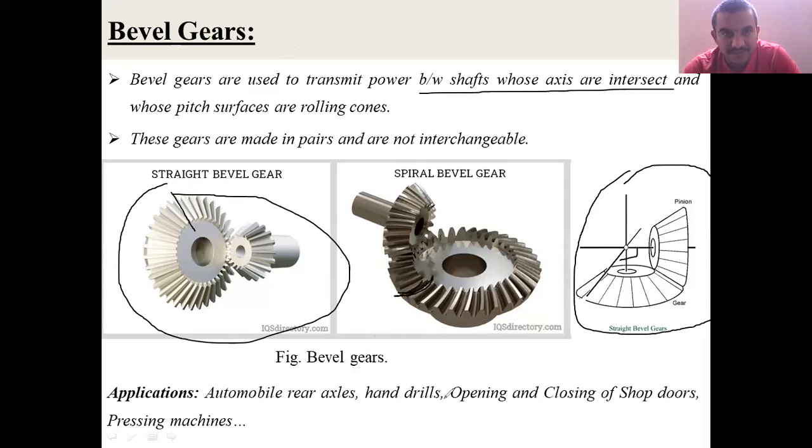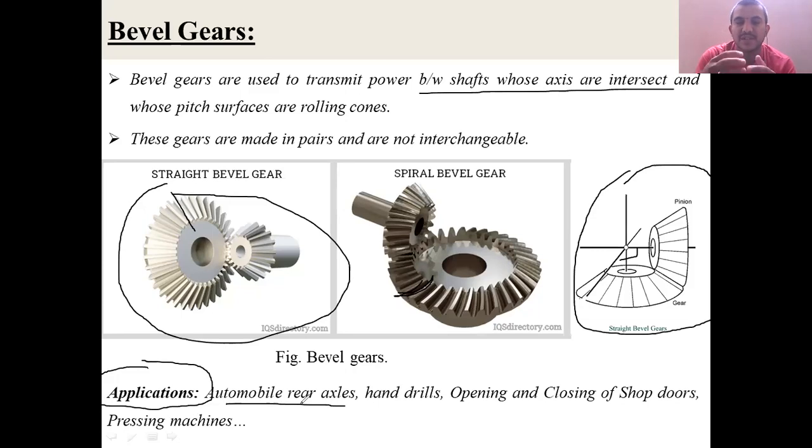Yes, power has come. Now some of the applications where bevel gears are generally used: in the automobile differential locking mechanism or in automobile rear axles. I want to transmit the motion and power from the engine gearbox to the rear wheel axle.